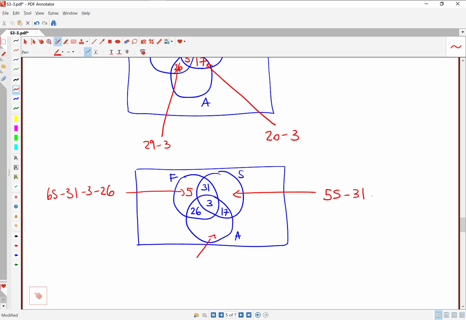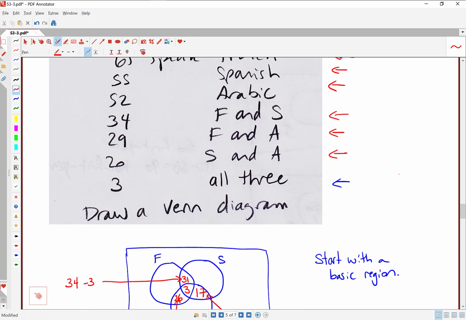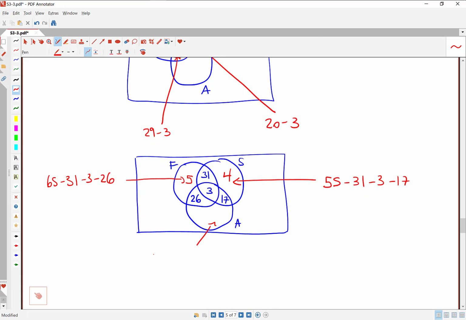So subtract out the 31, the 3, and the 17. And that leaves us with 4 employees in this region here. Similarly for Arabic, we'll just scroll back up for a second. We've got 52 Arabic speakers at our company. So 52 minus 26 minus 3 minus 17. That's going to give us 6 people in that outer part of the Arabic circle there.